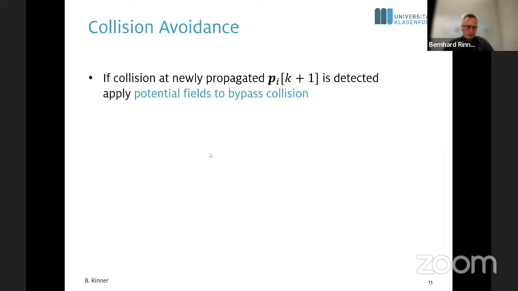How we expanded this is that via this collision constraint, we can estimate whether in the next k steps the safety regions of neighboring drones would intersect, and this would be an indication of a risk for a collision. Once this is identified, we apply simple ideas from potential fields where we introduce attractive and repulsive forces.